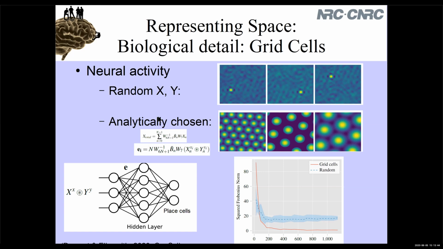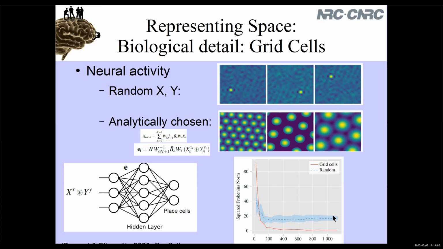And if you then try, out of those grid cells, to decode the function, am I at this particular location? So if you're trying to decode out of that neural representation the function, is the current position 0.7, 0.2, then you get a big increase in accuracy.